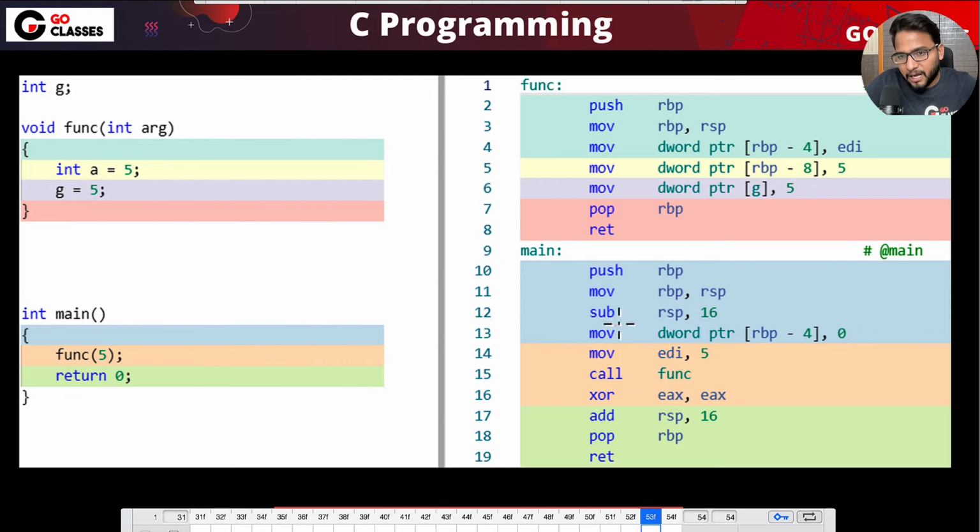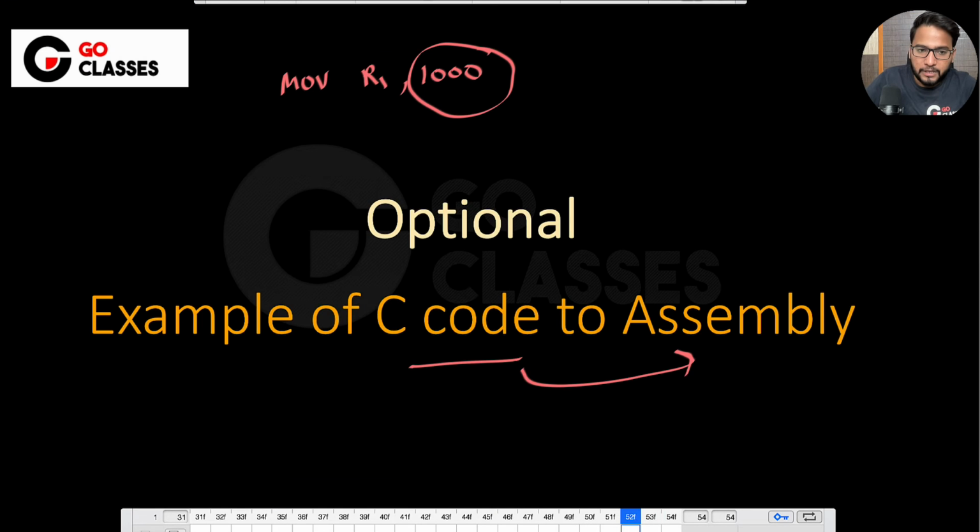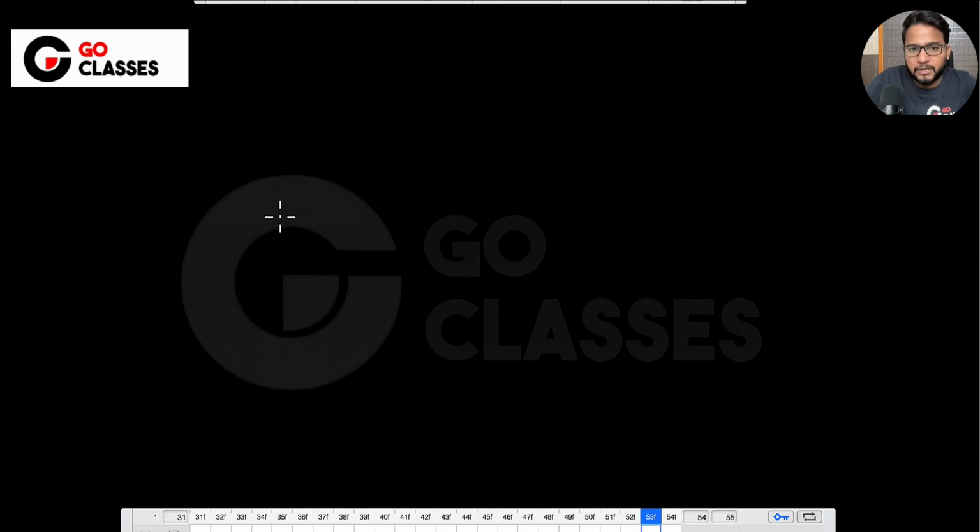Now there are some registers, RBP and RSP, that are being used. So let me first explain what these RBP and RSP are and how they work. See, whenever you call some function, there is something called an activation record.